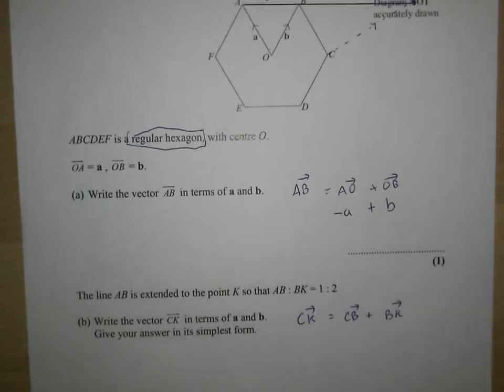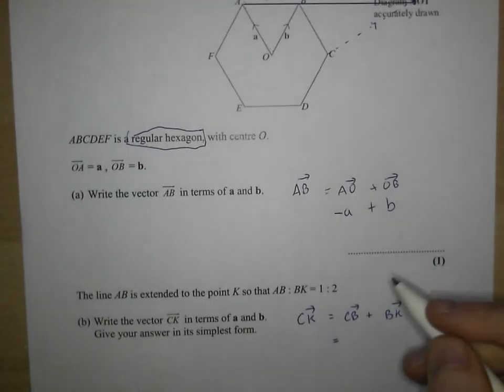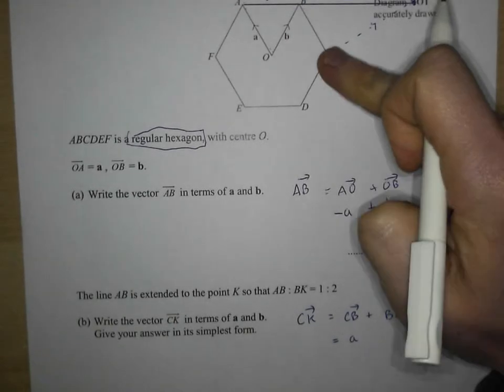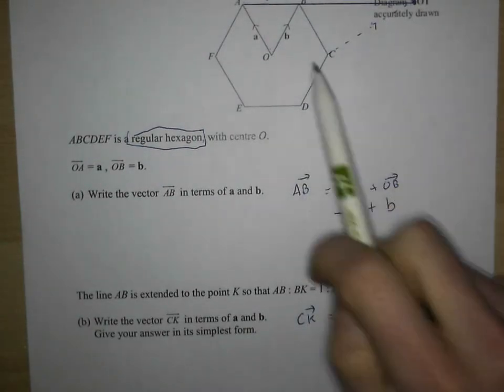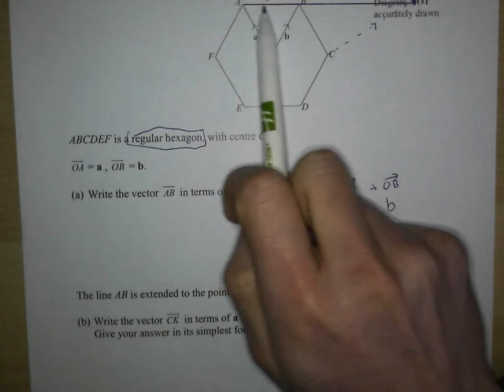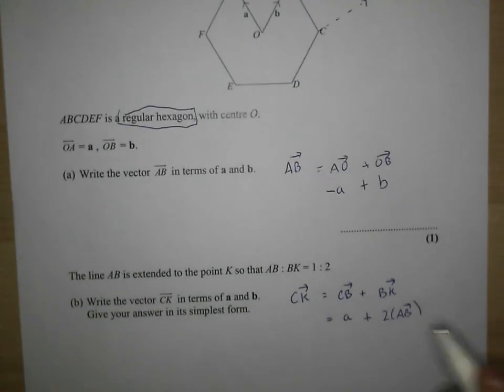Okay? Now, C to B, I know is the same as O to A. So C to B is going to be A. It's travelling in the right direction as well. Then to get from B to K, it's going to be twice as far as when I got from A to B. Twice the distance of A to B. Twice the vector. And I know what that is.